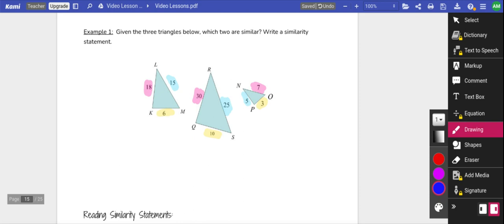So now I'm going to set up a ratio that compares the scale factor of each side. Starting with the triangle on the left, triangle LKM, we're going to compare that to triangle RQS.